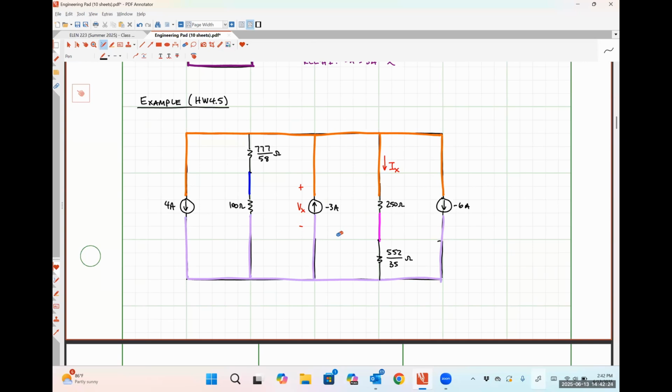So now I can see that I have a 777 over 58 ohm resistor in series with a 100 ohm resistor. So I could combine those guys together. And so that would be a single resistance of 6,577 over 58 ohms.